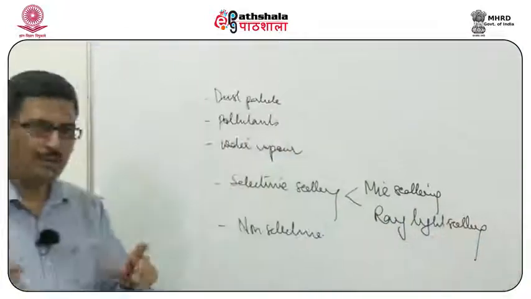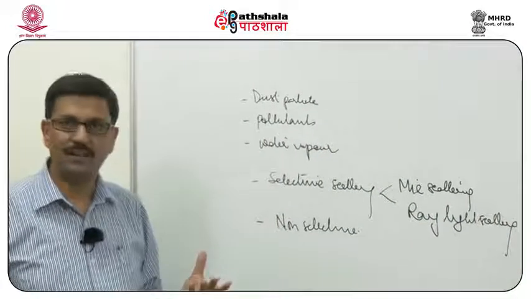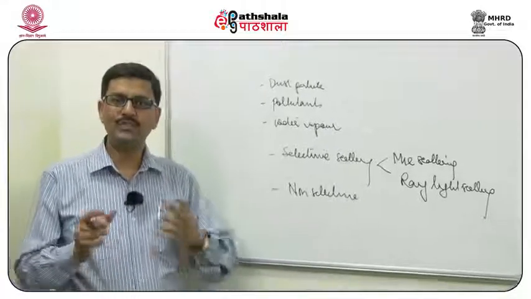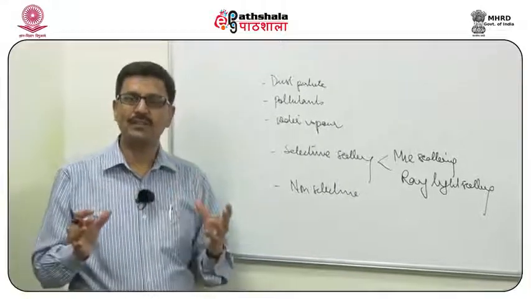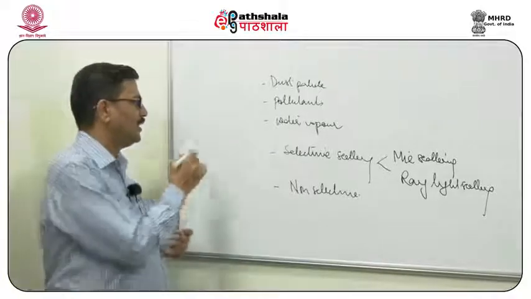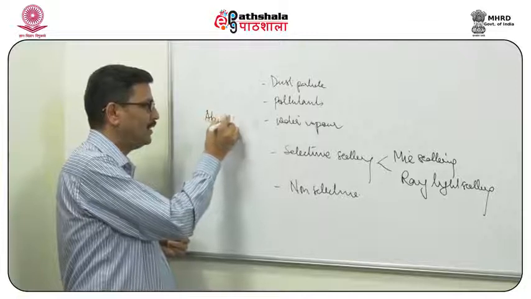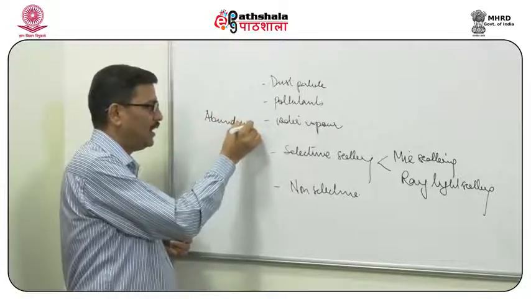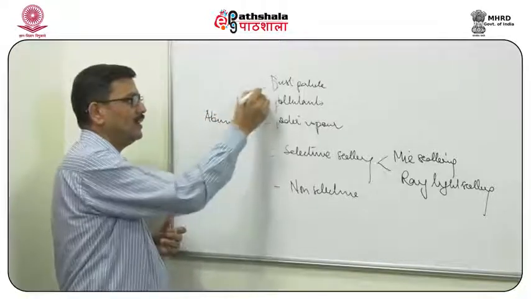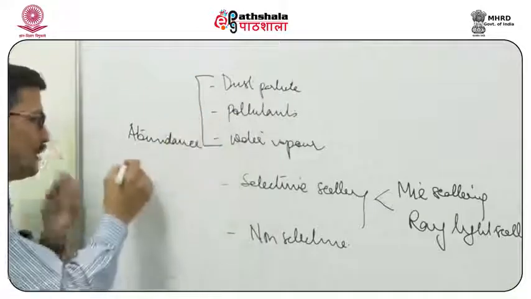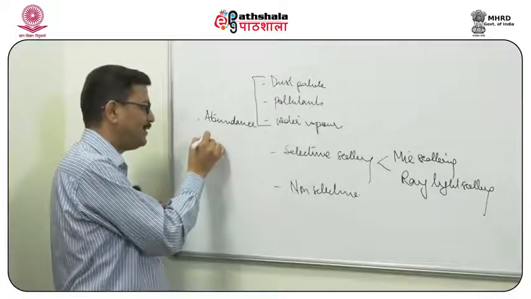Now, before understanding these two types, selective and non-selective scattering, there are other factors which lead to scattering of light. One is the abundance of the particles. The particles we have are dust particles, pollutants and water vapor. Then we have the size of the particle.